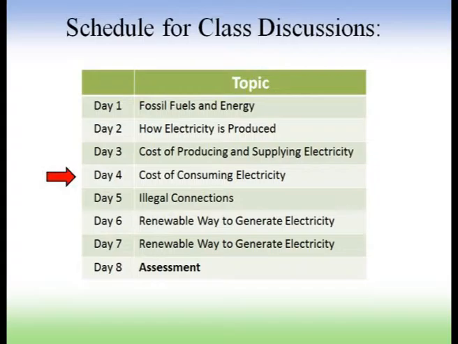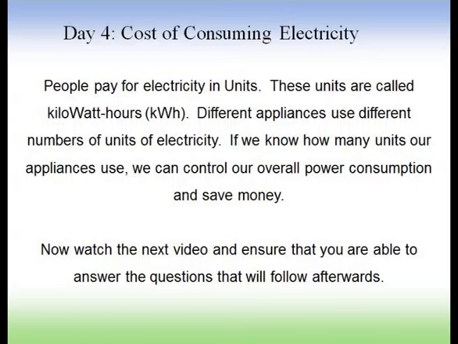You are now on day 4, where you will be watching videos and learning about the cost of consuming electricity. Day 4, cost of consuming electricity. People pay for electricity in units. These units are called kilowatt hours, abbreviated kWh.